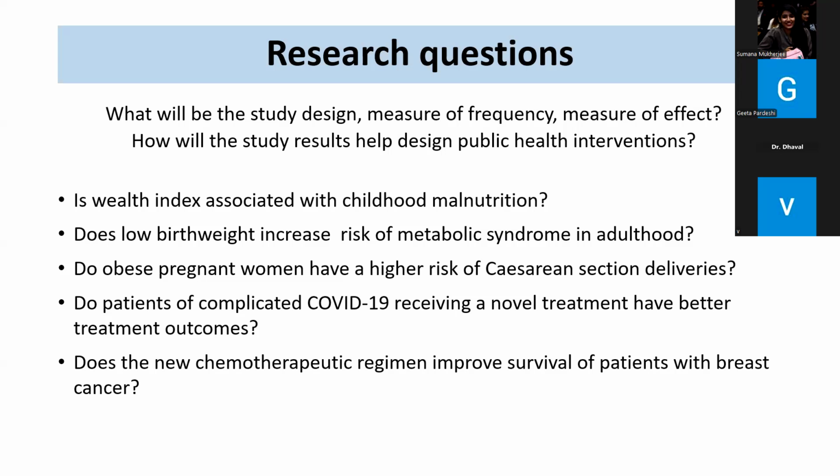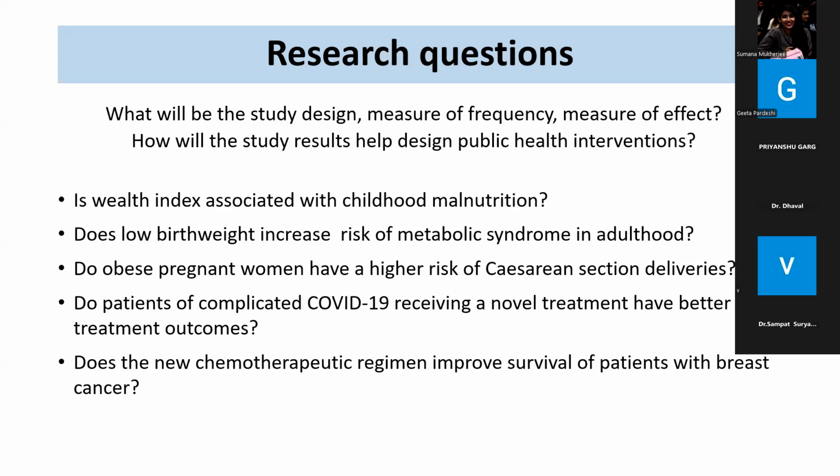So I will calculate hazard ratios as a measure of effect. While in the previous example, most probably I will calculate relative risk or risk ratios, the incidence rate in both the groups, and compare them as a ratio, that is a relative risk. Here, I will calculate the hazards and the hazard ratio.